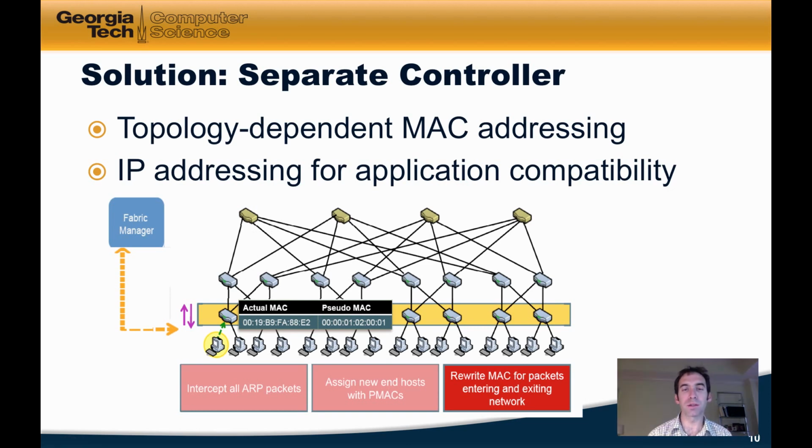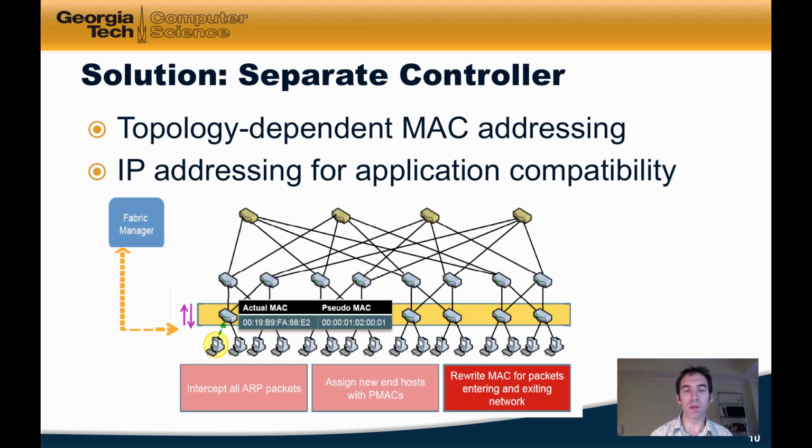Now, hosts can still send traffic to the other hosts' IP addresses in this data center topology, but the problem is that since we've reassigned the MAC addresses in the topology to be topology dependent, the hosts don't actually know that they've had their MAC addresses reassigned. They still think that they have their old flat MAC addresses.